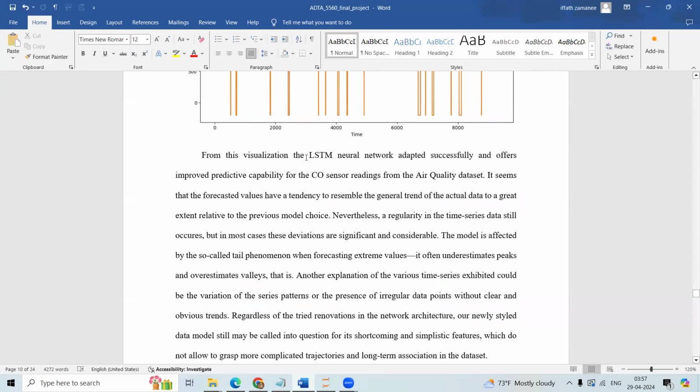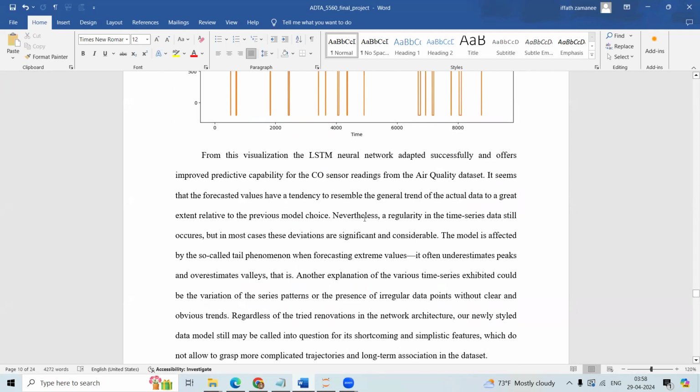From the visualization, the LSTM neural network adapted successfully and offers improved predictive capability for the carbon monoxide sensor readings from the air quality dataset. It seems that the forecasted values resemble the general trend of the actual data to a great extent relative to the previous model.